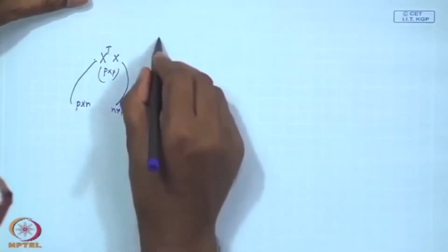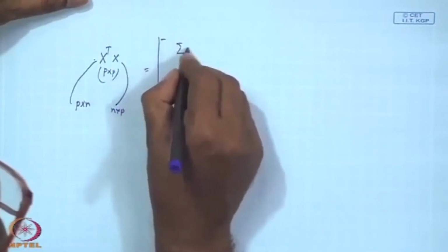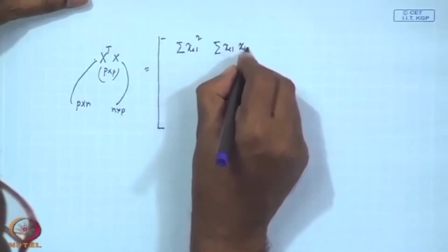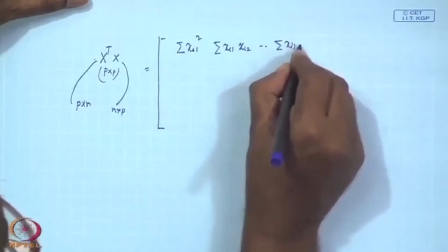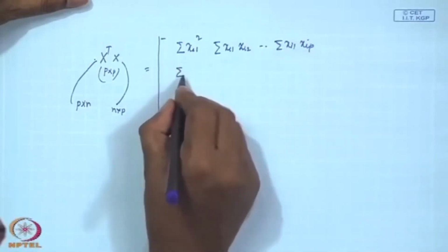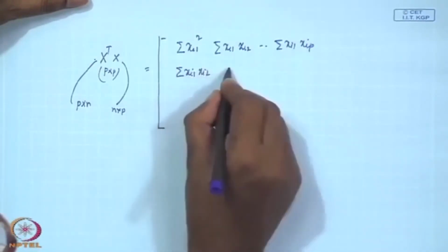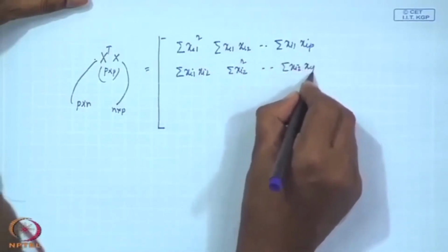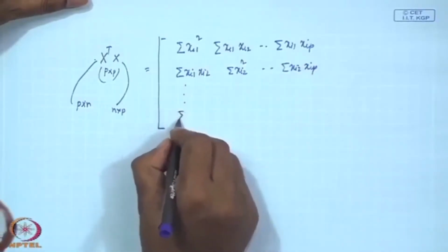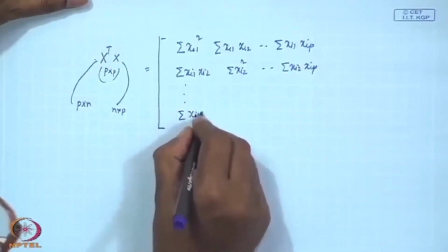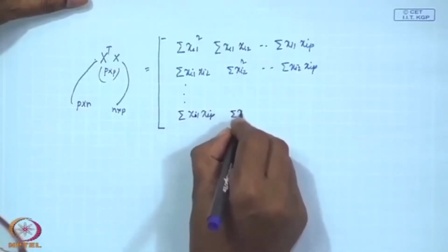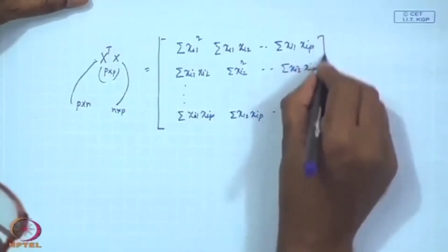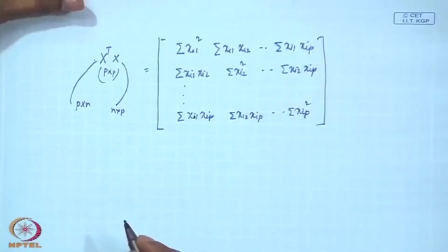So, your matrix will be the sum of Xi1 square, then Xi1 Xi2, then Xi1 Xip; here Xi1 Xi2, then Xi2 square, then Xi2 Xip; similarly Xi1 Xip, Xi2 Xip, then Xip square.